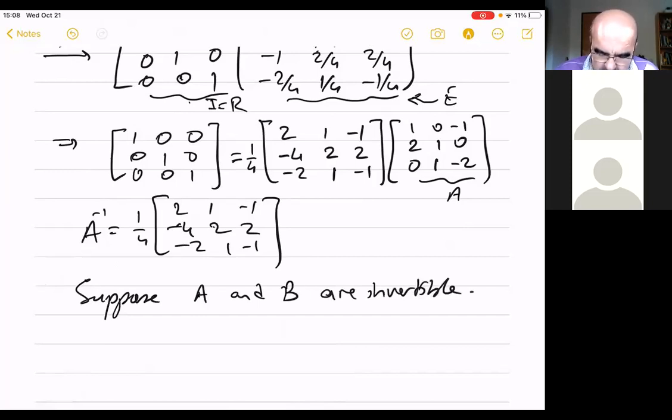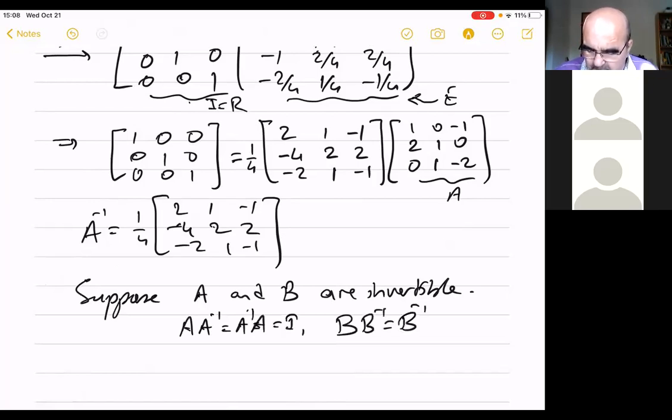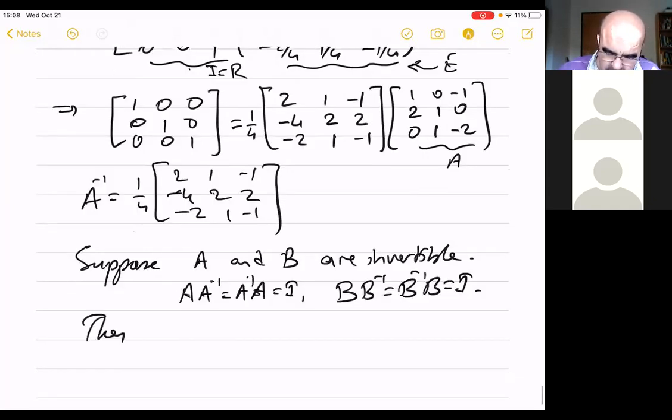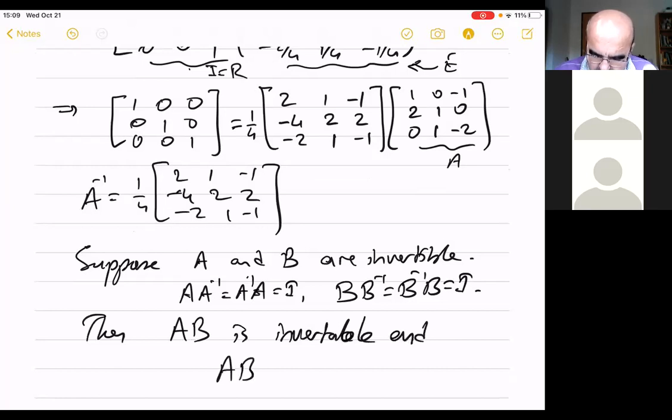Invertible, I mean A times A inverse is identity, and B times B inverse is identity, so the inverses exist. Suppose. Then A times B is invertible, and its inverse is B inverse times A inverse.